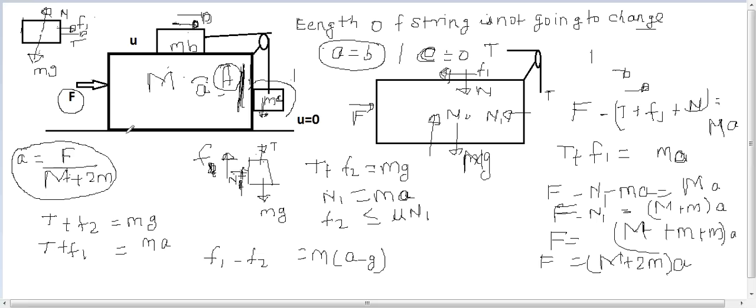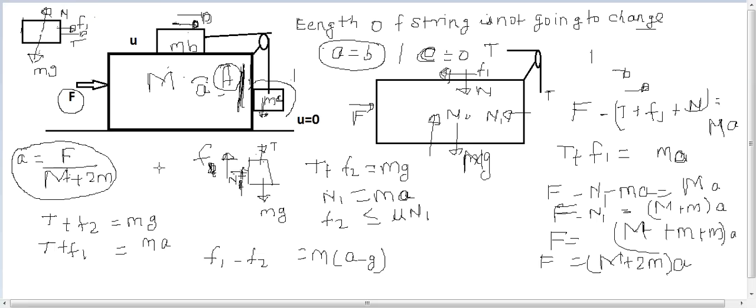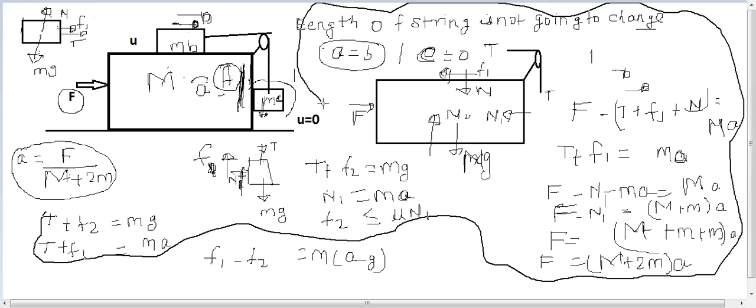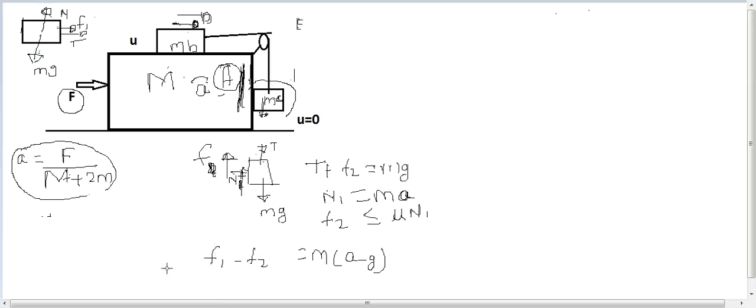Let's erase the unnecessary things. So F1 minus F2 is equal to m(a minus g).